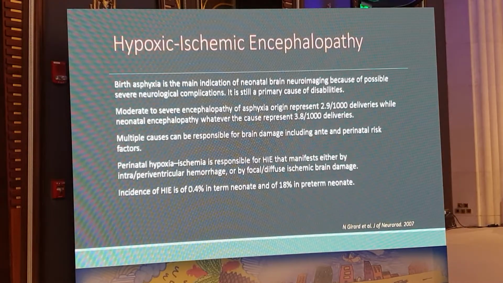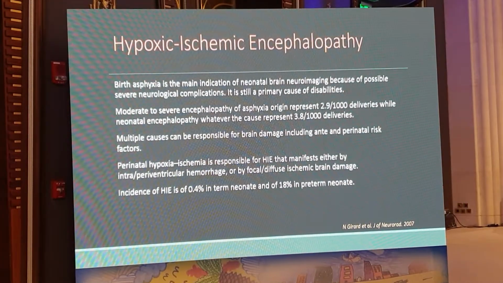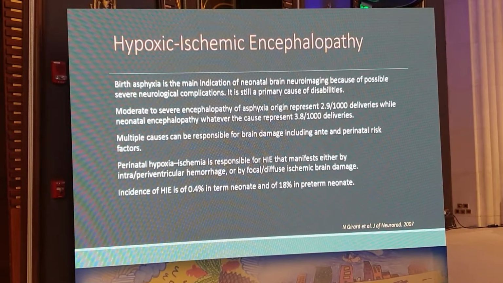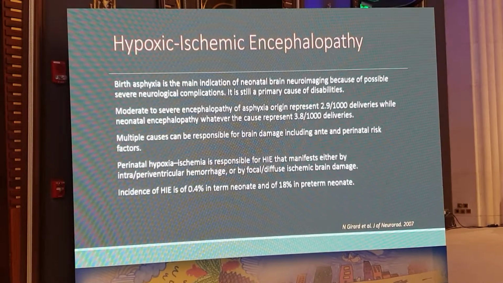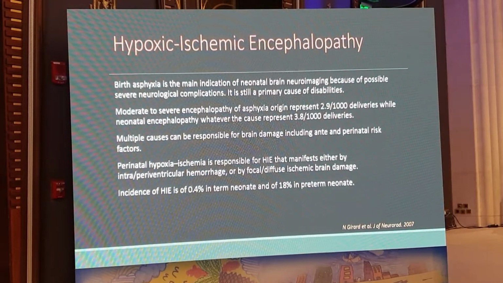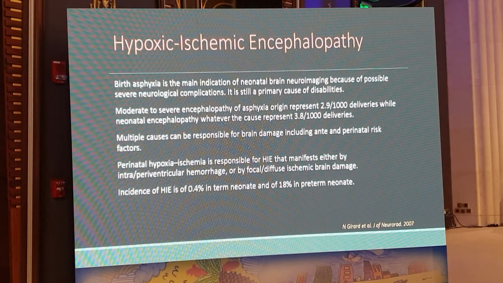Hypoxic ischemic encephalopathy, resulting from birth asphyxia, is the main indication of neonatal neuroimaging because of possible severe neurological complications that were already talked about in the earlier lectures in this session.